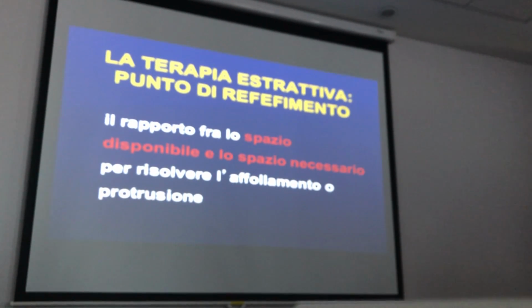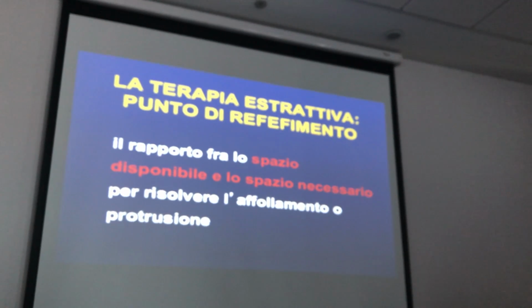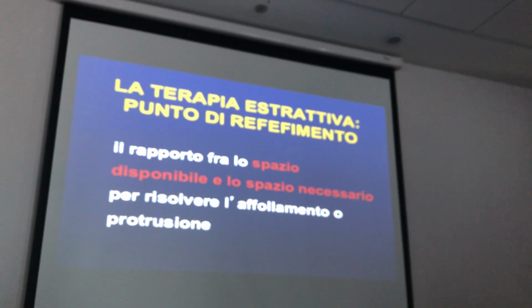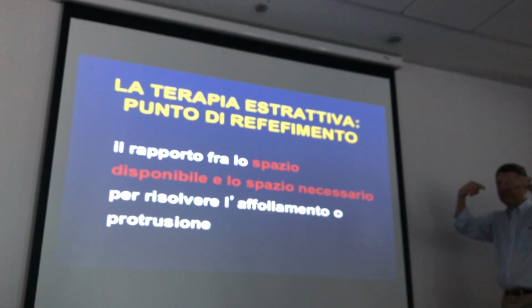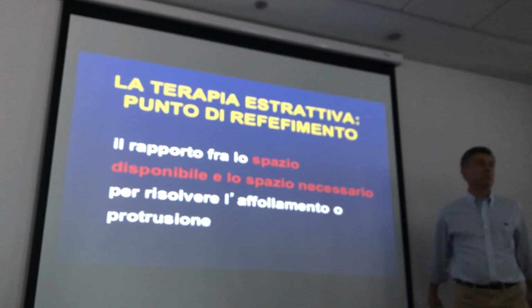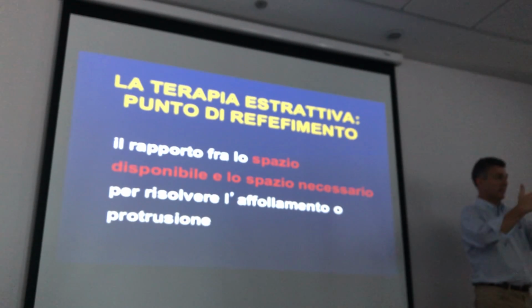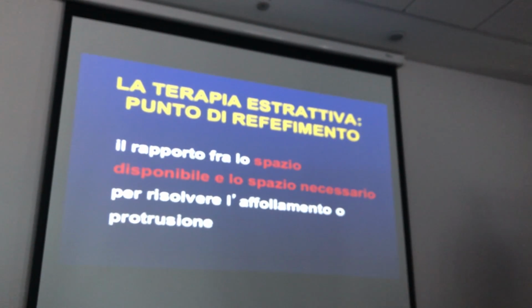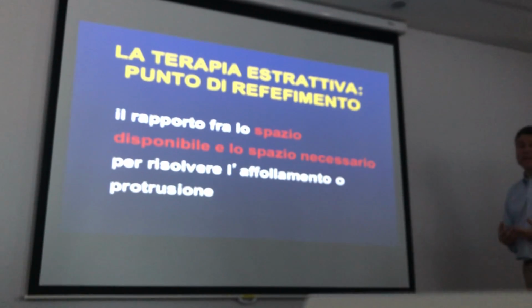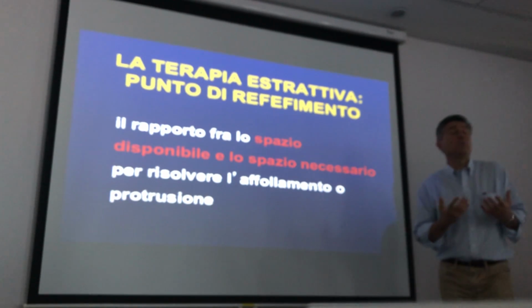Now, the most difficult thing that we have when we extract teeth is to foresee what are the movements that we have to do. And with this small, really easy way of doing the treatment plan, we know what we have to do.